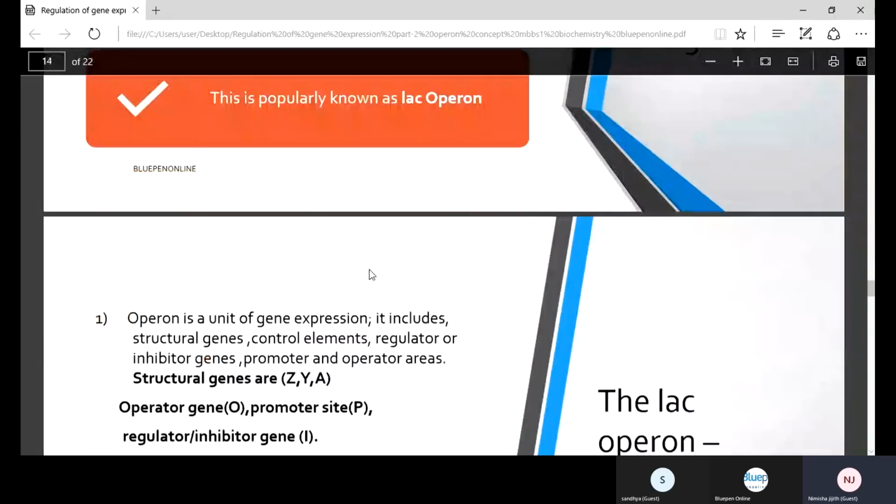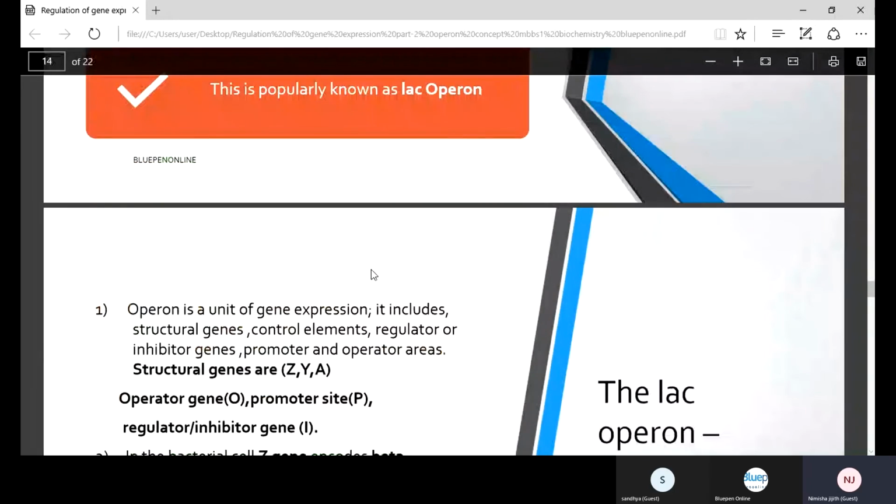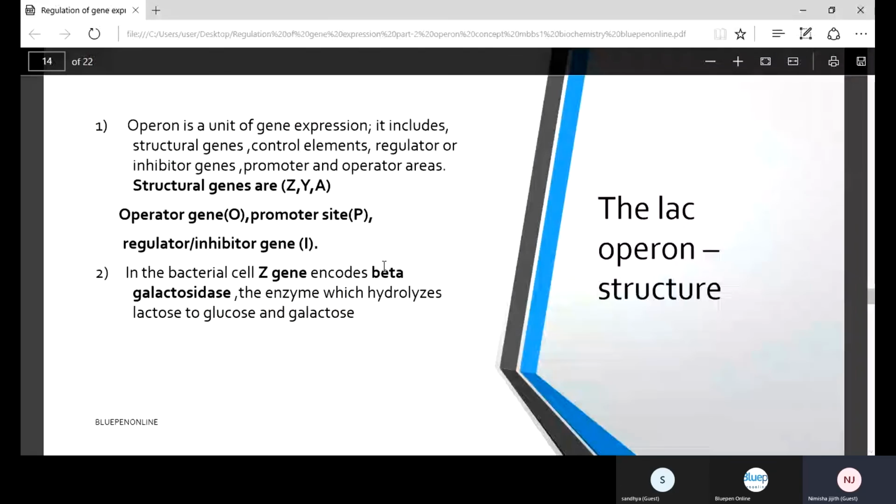Then, what is the operon structure? We are entering into the lac operon structure. Operon is a unit of gene expression that contains many elements. Which are the different elements present in this operon? Structural genes, and control elements like the regulator or inhibitor gene, promoter and operator areas.